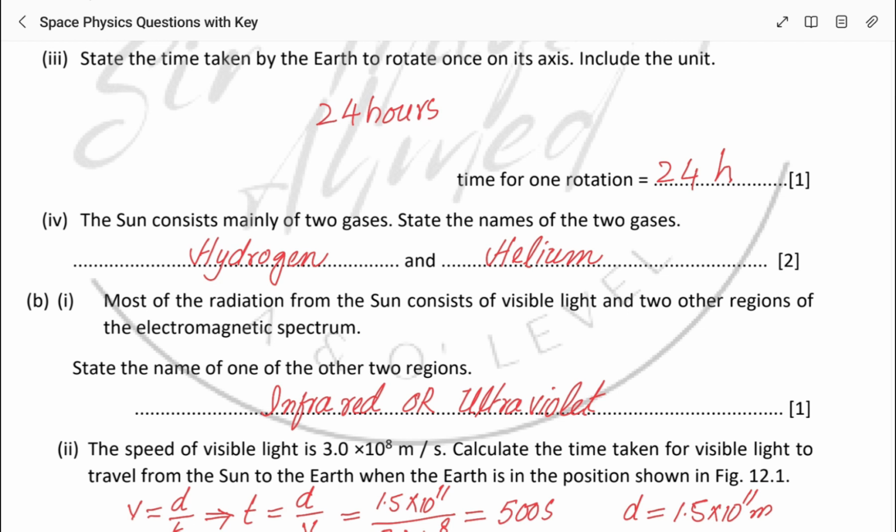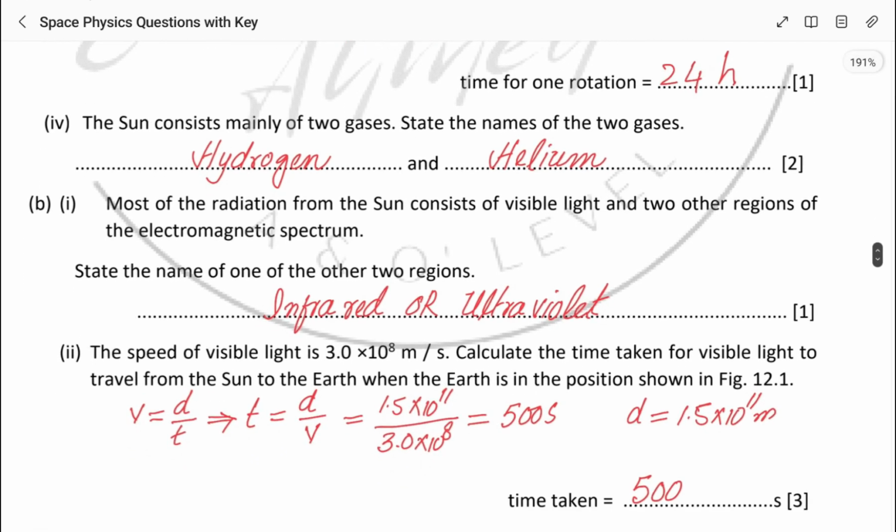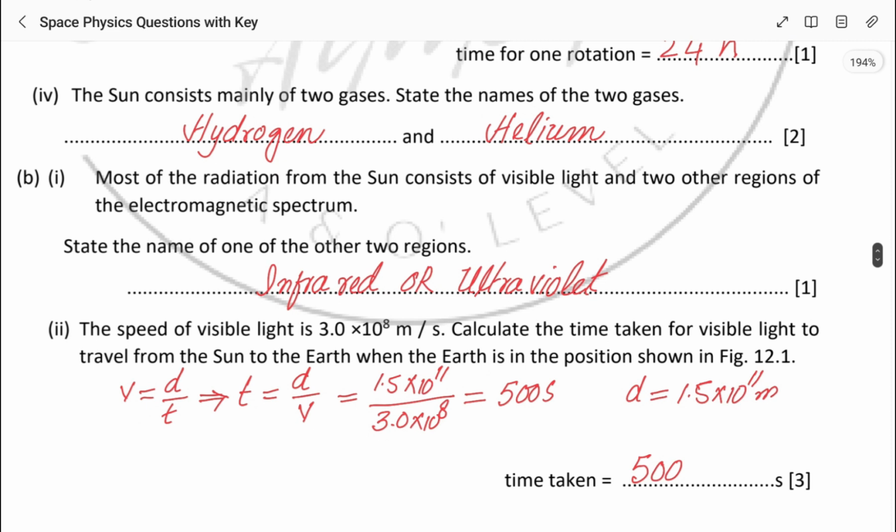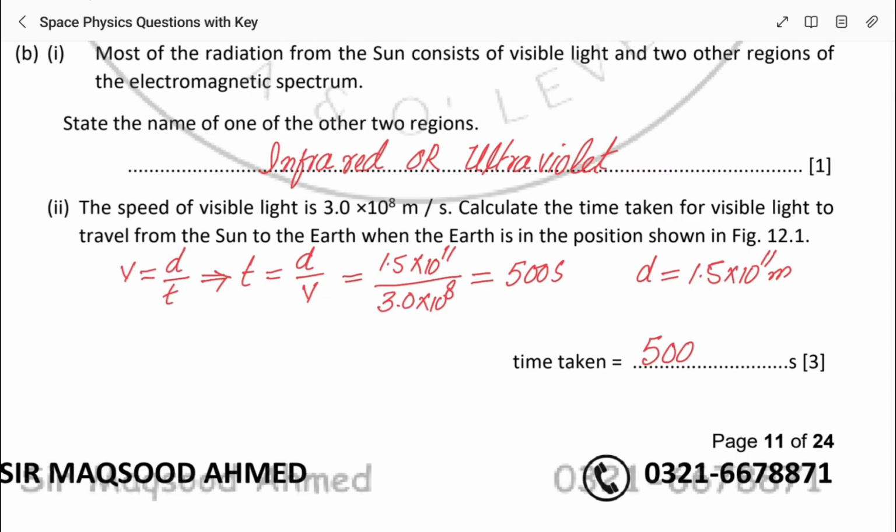Most of the radiation from the sun consists of visible light and two other regions of the electromagnetic spectrum. State the name of one of the other two regions. We have to write the name of one region. So we may write infrared radiation, or you may write ultraviolet rays.